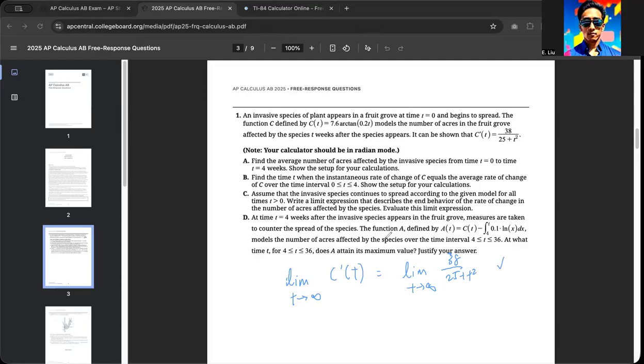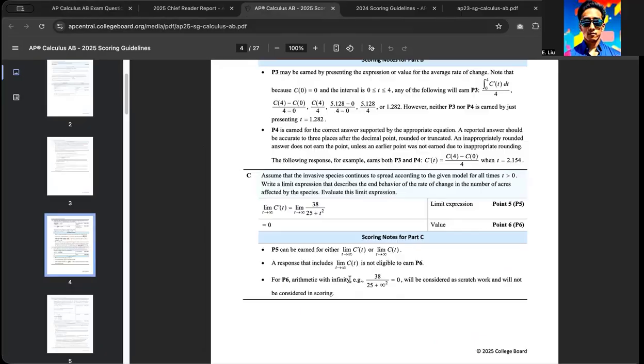If we evaluate that, this t ends up being a very, very large value at the bottom, which eventually approaches zero. Anytime your denominator grows extremely large, you end up having basically 1 over infinity, or any number over infinity in this situation. Quick peek over at the scoring guideline to show you that's what is expected.